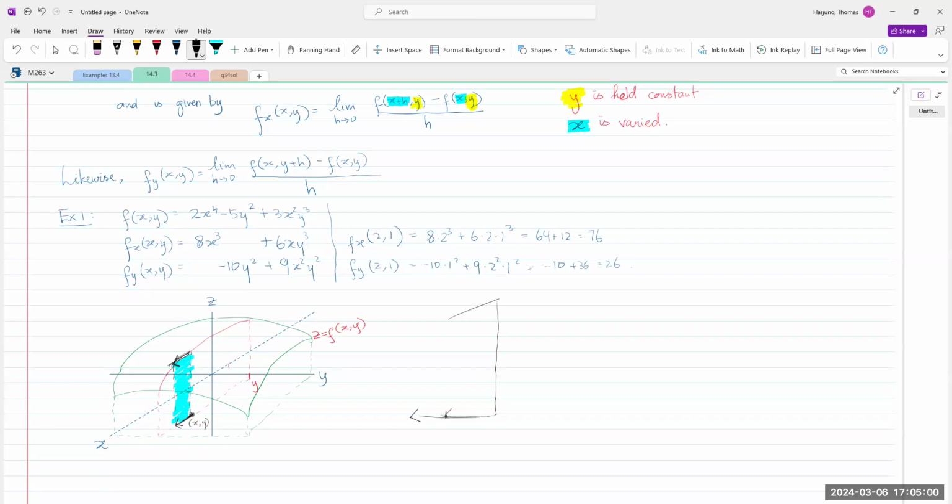Okay, so let's say this is what we have on the ground. If we move 1 unit in the positive x direction, then what happens to the value of your z?